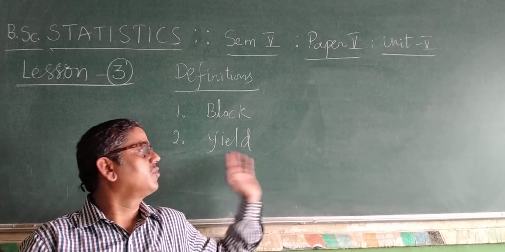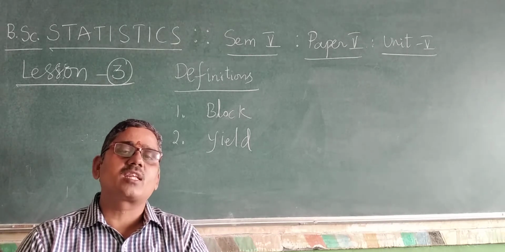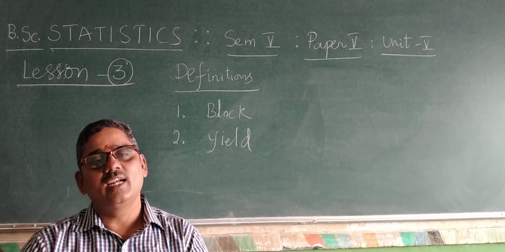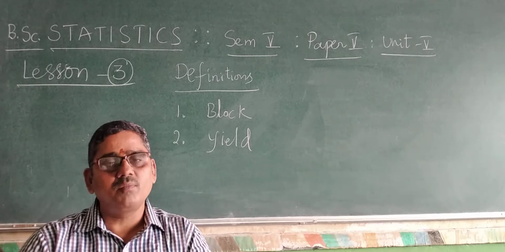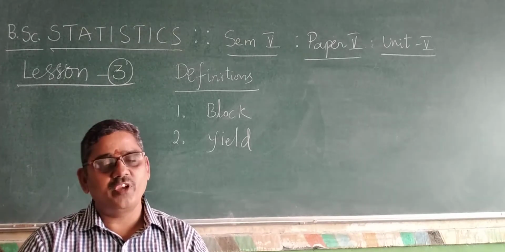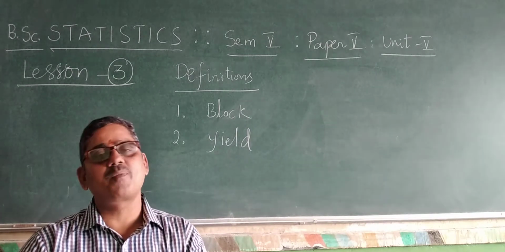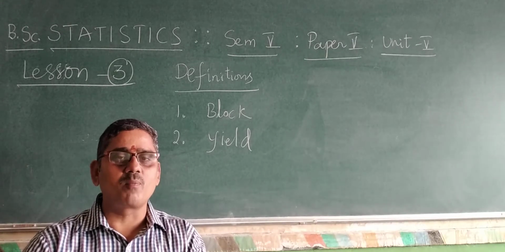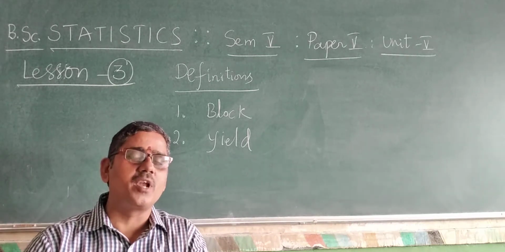Now coming to yield. What is the definition of yield? The measurement of the variable under study on various experimental units is known as yield. What is measurement? For example, in field experimentation, we consider a plot as an experimental unit. On various plots, we have applied some kind of treatments, for example fertilizers, and the yield is observed from the experimental unit.